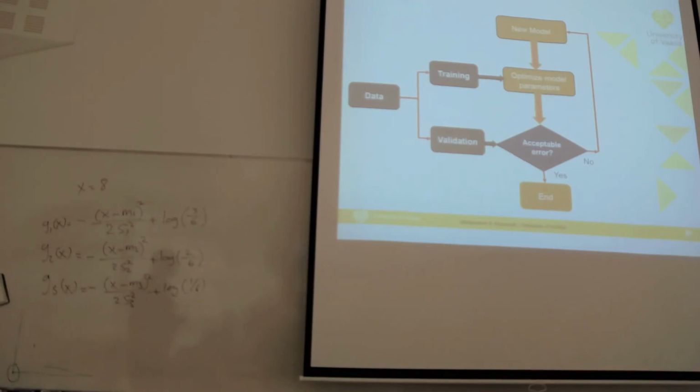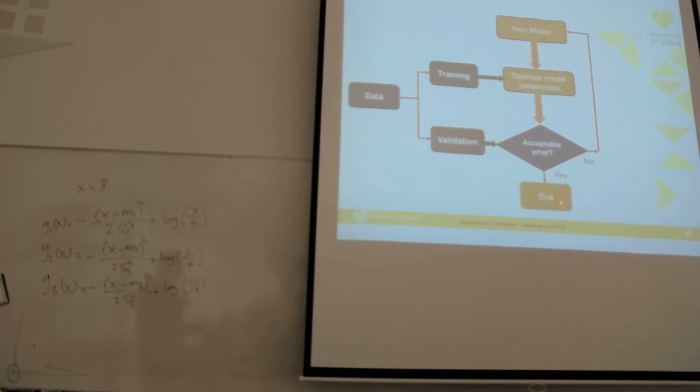Okay, in general, in regression, what you do is you have data, and you divide your data into 2 parts, training and validation. You take the training part and try to optimize the model parameters, for example if it is linear. Then you check the result with the validation portion of your data. Is the error acceptable?